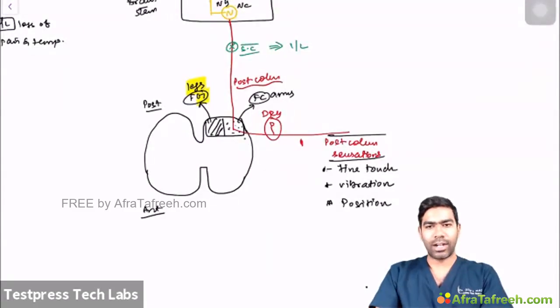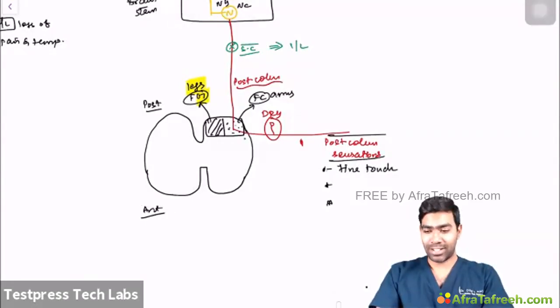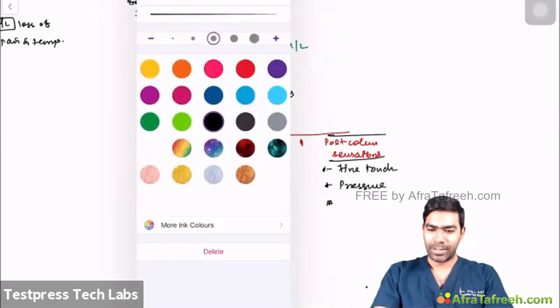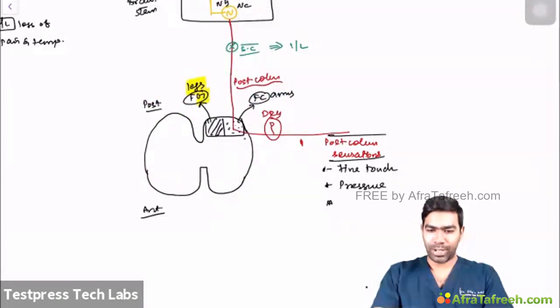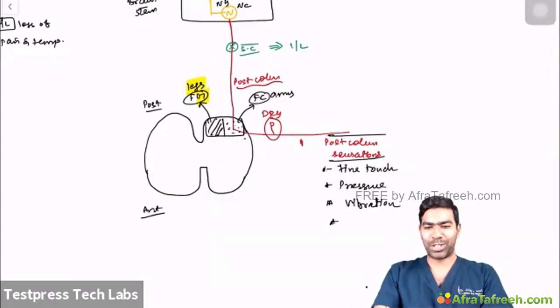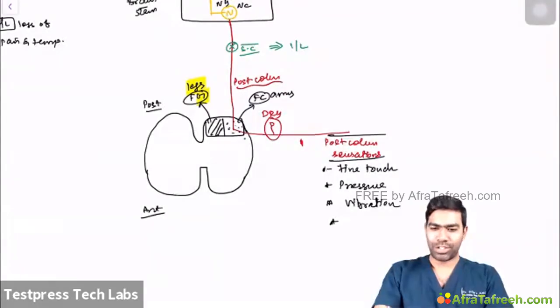Or maybe you can tell in a different order also. After fine touch, you go for pressure, isn't it? So you don't directly go for vibration. First, you give some pressure. So fine touch, pressure, then you do some vibration. Then finally you achieve your position.